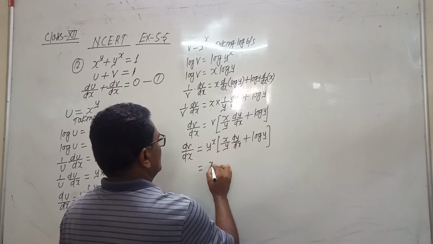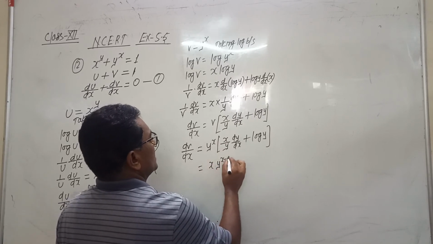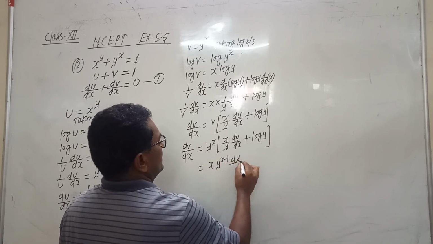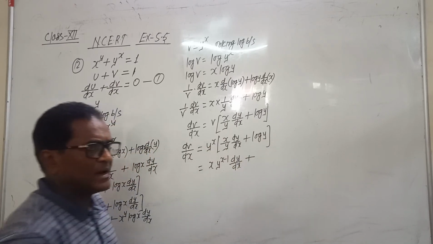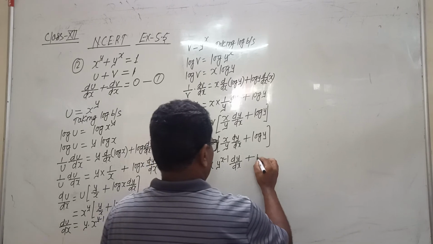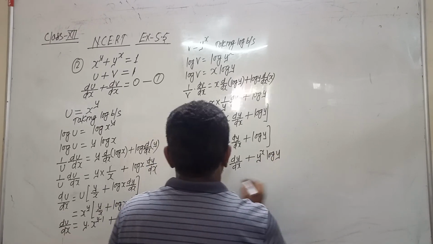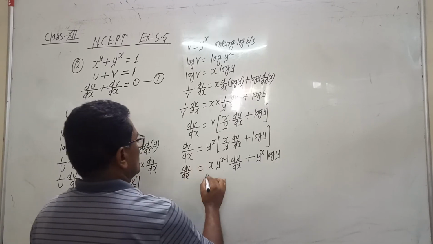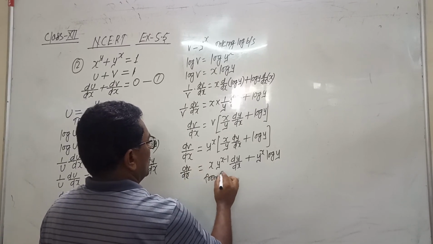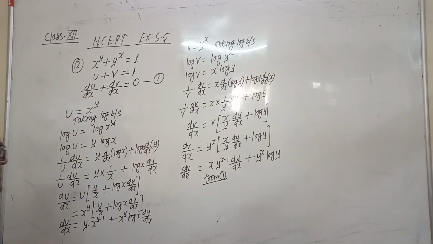So x into y raised to the power x upon y becomes x into y raised to the power x minus 1 dy by dx, and y raised to the power x multiplied by log y becomes y raised to the power x into log y. This is dv by dx. So put the value of du by dx and dv by dx in the first equation.